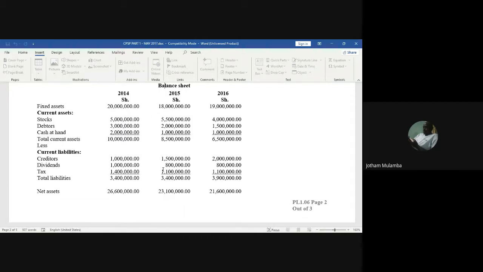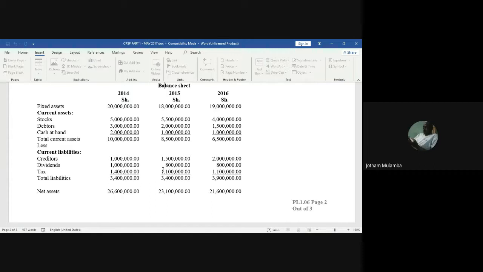What's the response? Abraham, your answer? 2.5. Yeah, so that means that our current assets are 2.5 times our current liabilities.